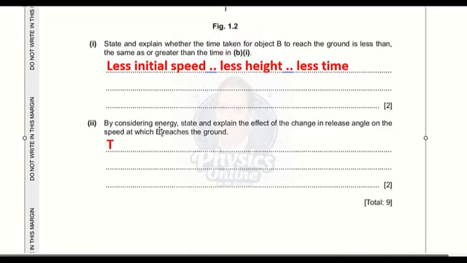By considering energy, state and explain the effect of the change in release angle on the speed at which B reaches the ground. Here we are talking about the final velocity when B reaches the ground.